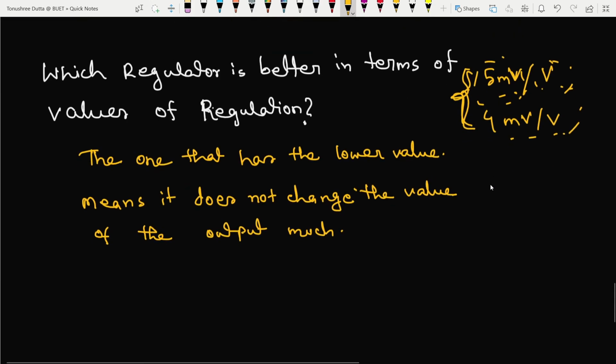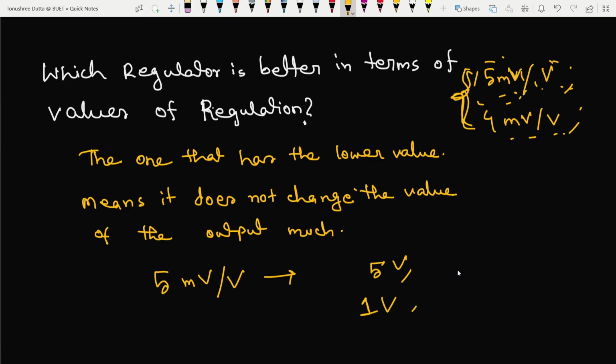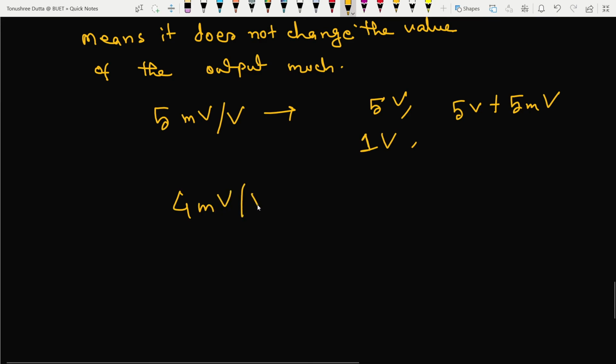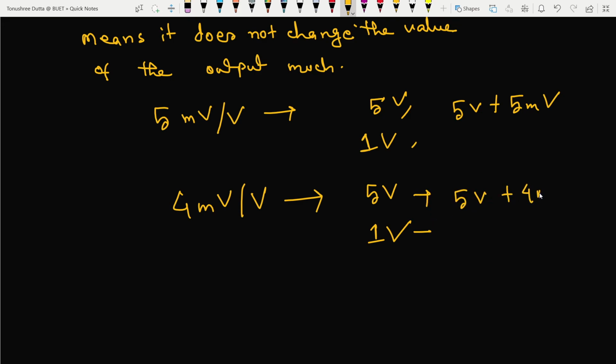So what do these two numbers mean? 5 millivolt per volt means that if our output was previously at, say, 5 volt, and the input is changed by 1 volt, then my output is going to be 5 volt plus 5 millivolt. And what does the 4 millivolt per volt regulator say? It means that if our output was fixed at 5 volt and our input changes by 1 volt, then my output is going to be 5 volt plus 4 millivolt.